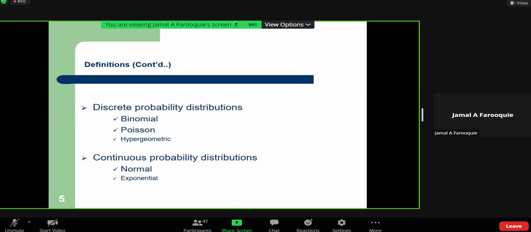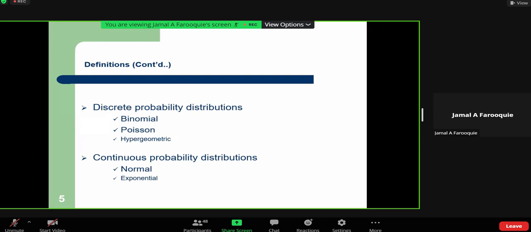Now, depending on whether a variable is discrete or continuous, we can have either discrete probability distributions or continuous probability distributions. There are many. I've just listed 2 or 3 in each category, but there are maybe around 50 or 60 different distributions.